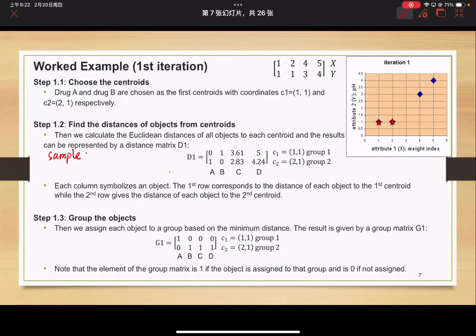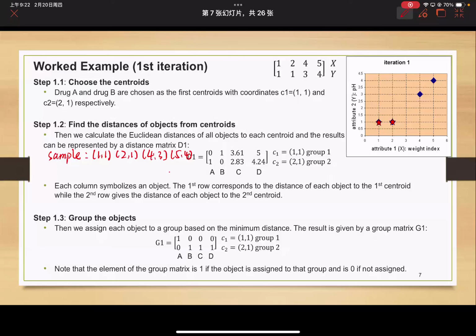We have 4 data points, which are 1, 1, 2, 1, 4, 3, and 5, 4. These are the data points we have.